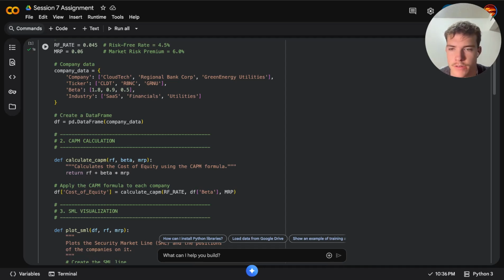The formula is straightforward: cost of equity is equal to the risk-free rate plus the company's beta multiplied by the market risk premium. We've defined a Python function to apply this formula, and when we run it against our data frame, we get our first set of critical results that we will see below.